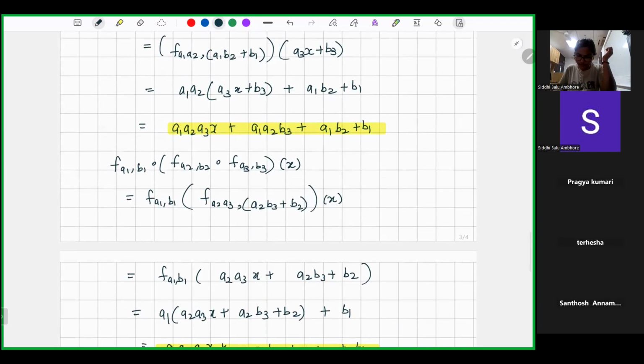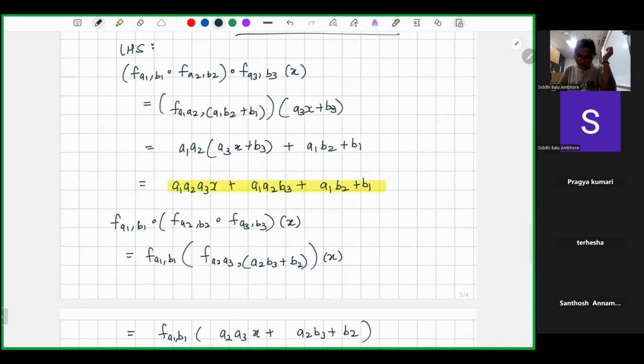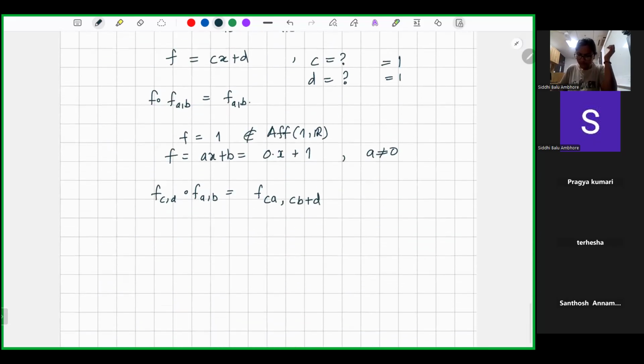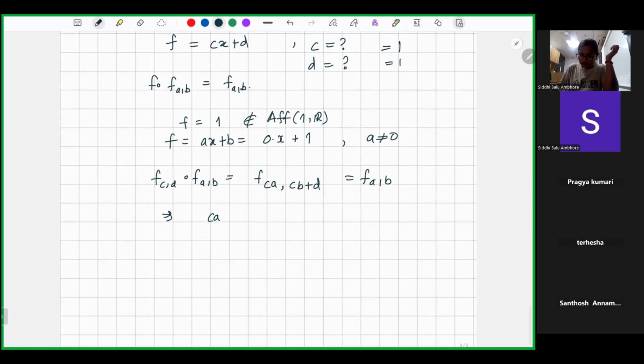That's how we are doing this, right? Yes, cb plus d. So I want this c a to be equal to a, right? So then my ca must be equal to a.